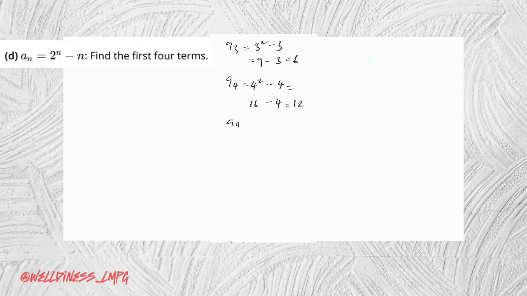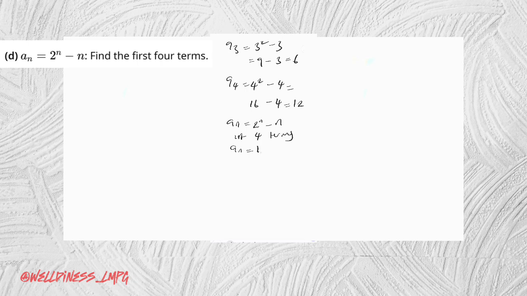Now for the next medium question, we have an is equal to 2 raised to n minus n. Find the first four terms. So as usual, all we have to do is slot in 1, 2, 3, and 4, since that is the first four terms, into our n.